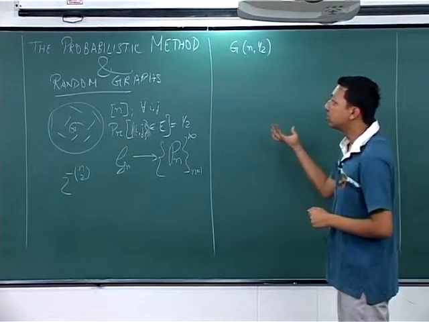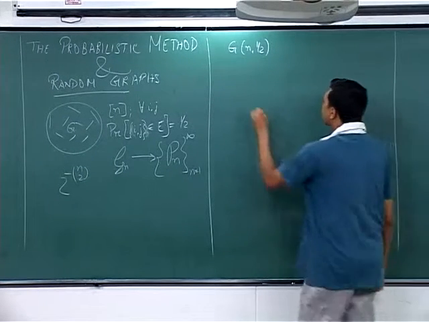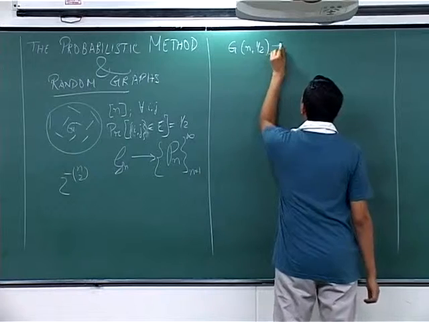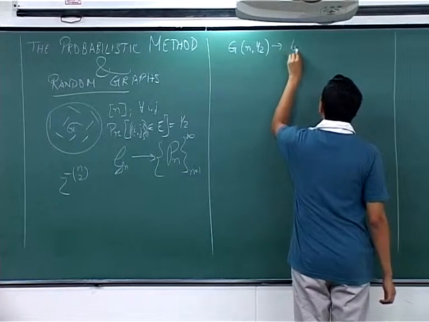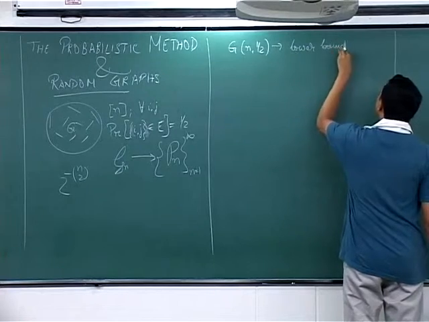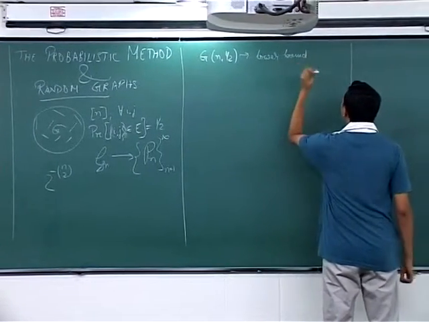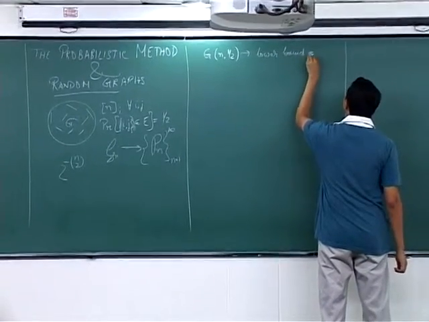And what did it give us? It gave us a lower bound on the Ramsey number R(k, k). And that's one of the uses. It's an example of why random graphs are useful.